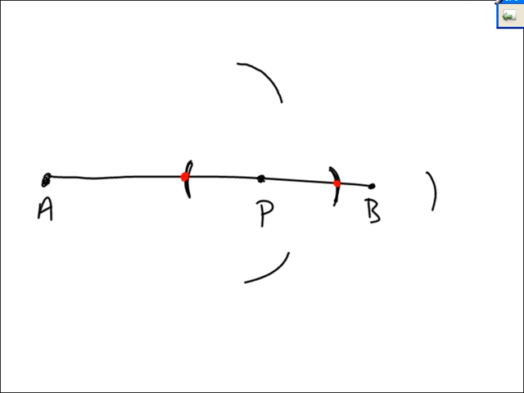Go to the other red mark, put the compass needle there, draw your arc above, below. You're pretty much done now. Take your ruler, make sure your straight edge touches that point, and then draw a straight line. This red line is perpendicular to AB. It's not the bisector, but it's perpendicular.